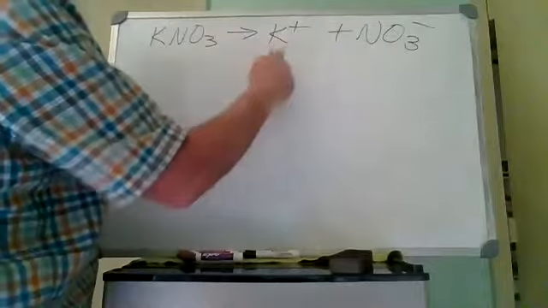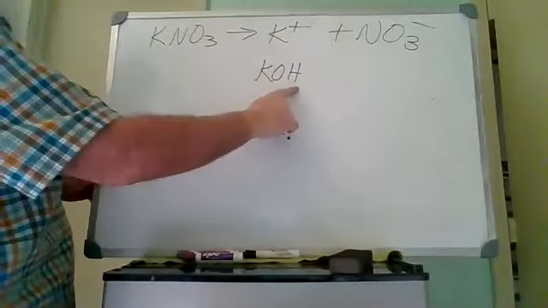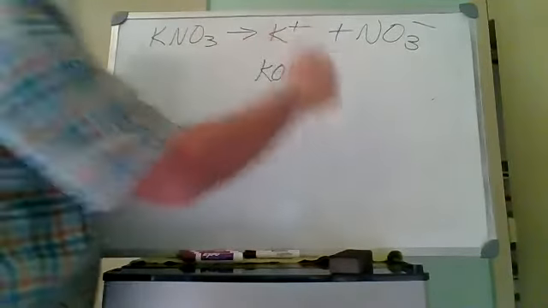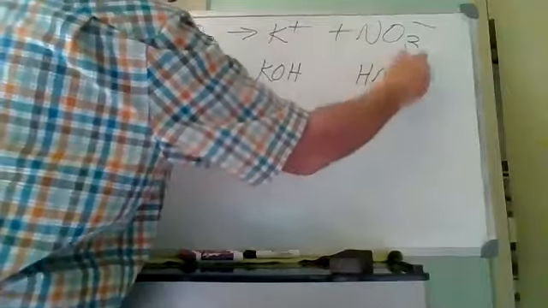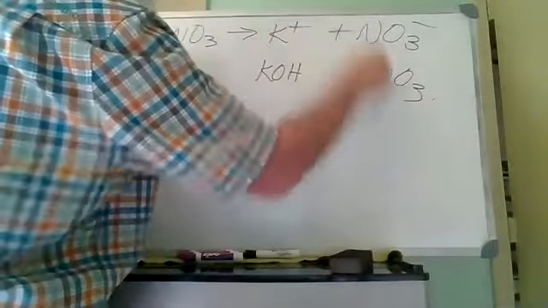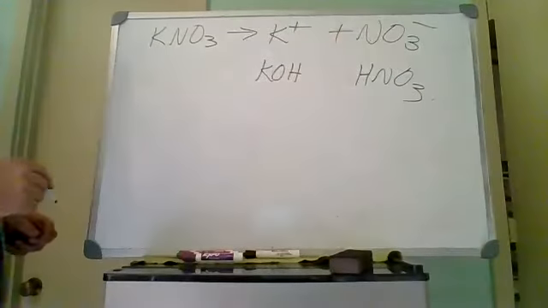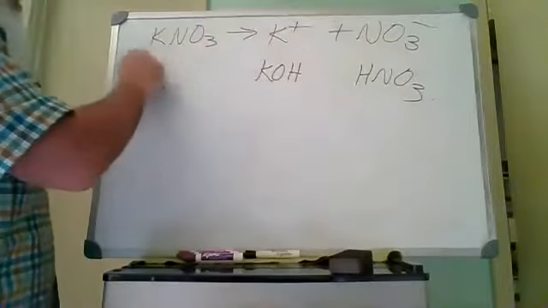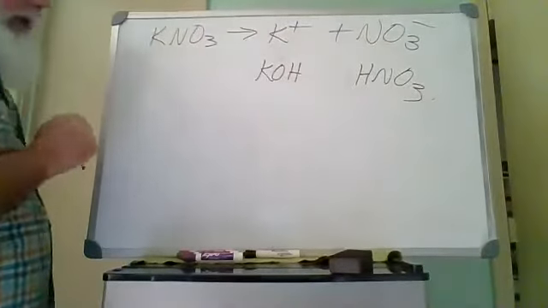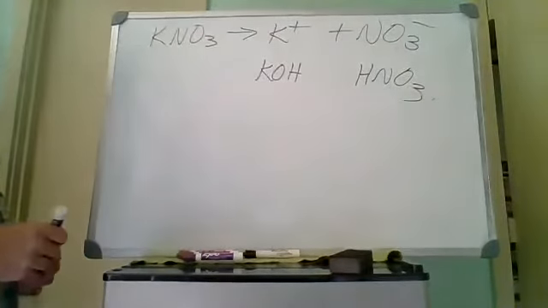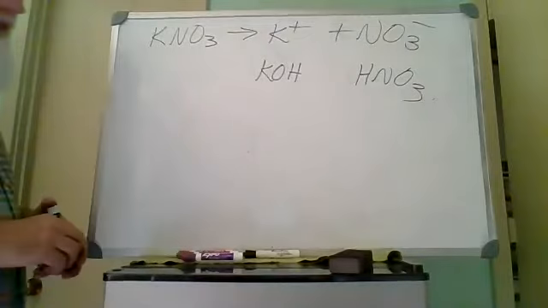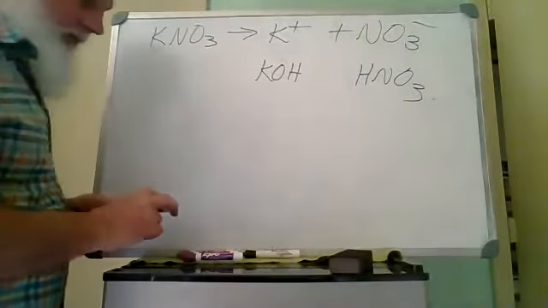This came from KOH, which is a strong base, so this is not going to react with water. This came from nitric acid, which is a strong acid, so that's not going to react with water. So a solution of potassium nitrate, we should expect it to have a neutral pH, regardless of concentration.